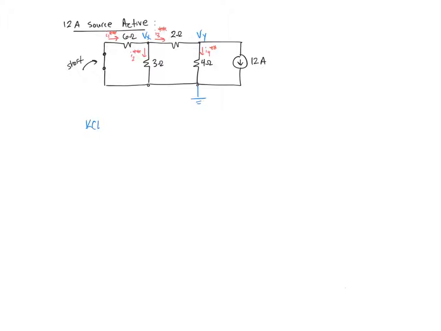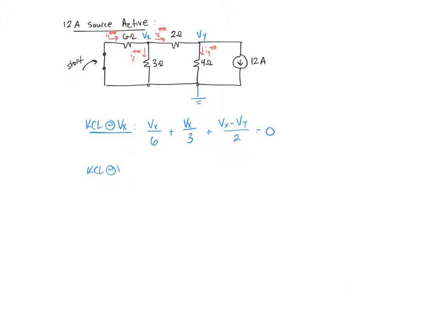So first my KCL at node Vx. The current through the 6 ohm resistor is Vx minus 0 over 6. The current through the 3 ohm resistor is Vx minus 0 over 3. And the current through the 2 ohm resistor is Vx minus Vy over 2. Set it equal to 0.